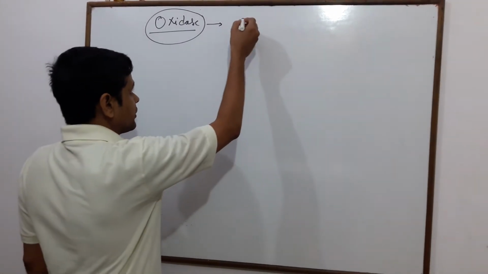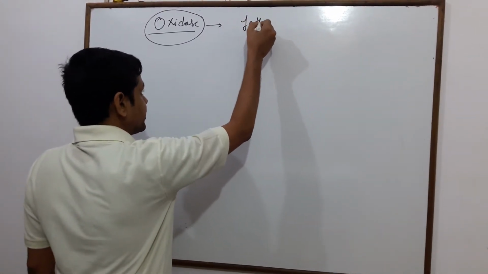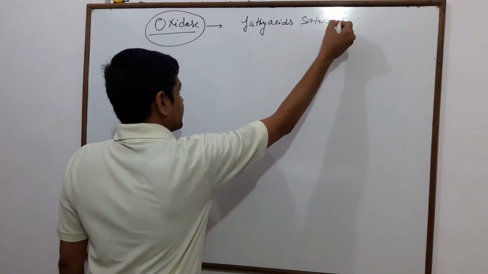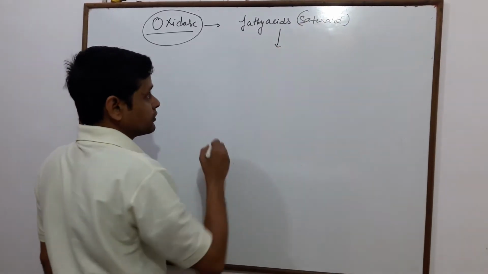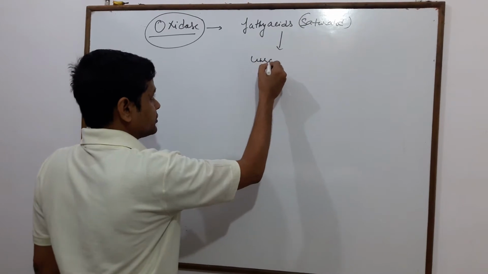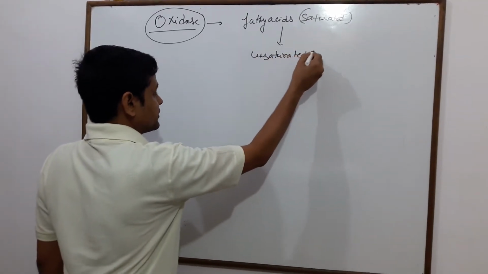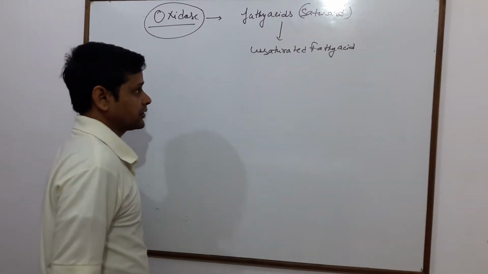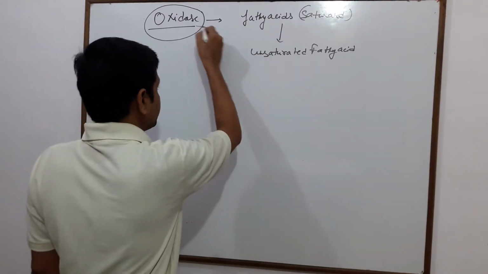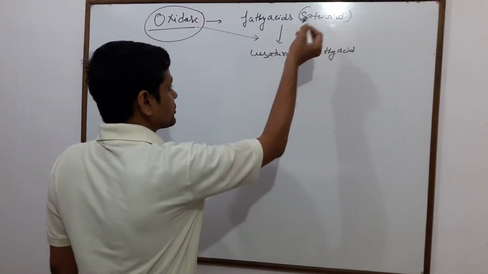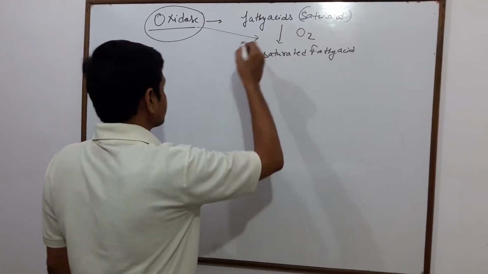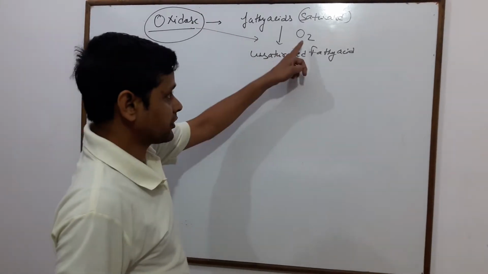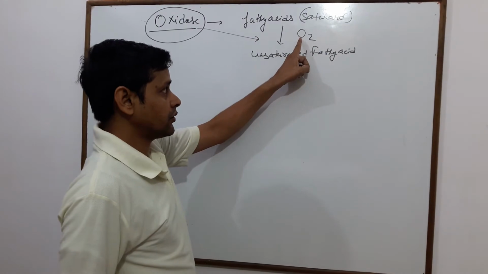For example, a saturated fatty acid is oxidized to generate an unsaturated fatty acid, and this kind of reaction is catalyzed by the oxidase enzyme, which transfers electrons to the oxygen molecule.